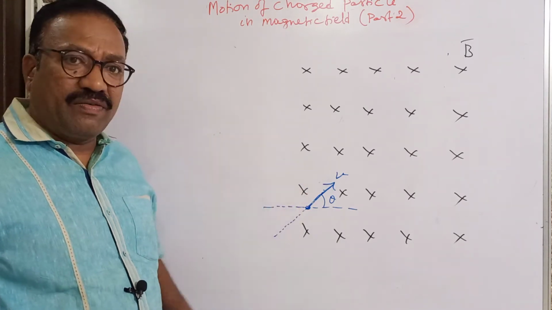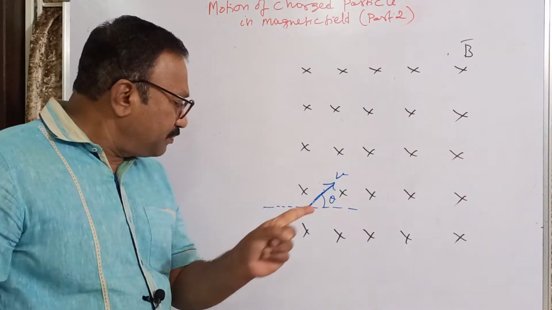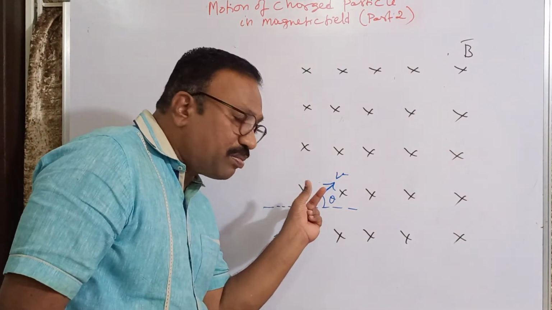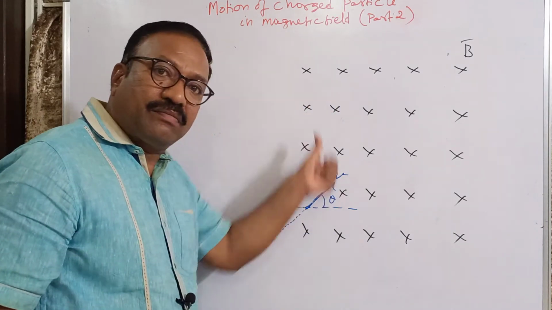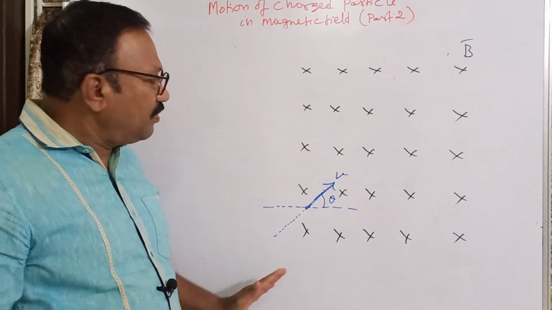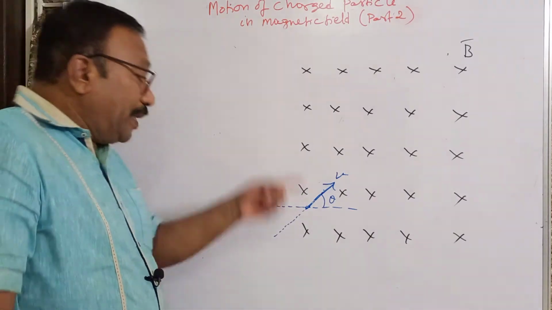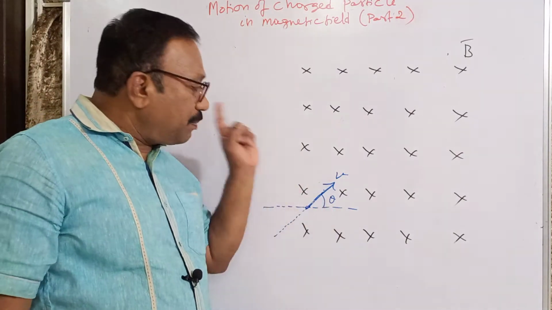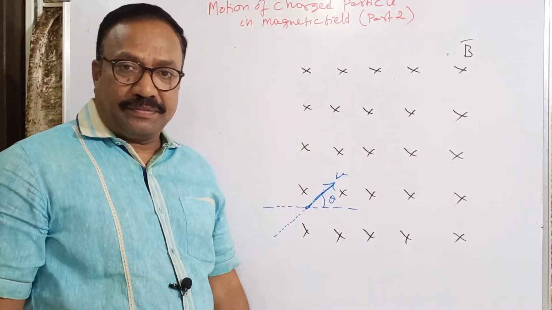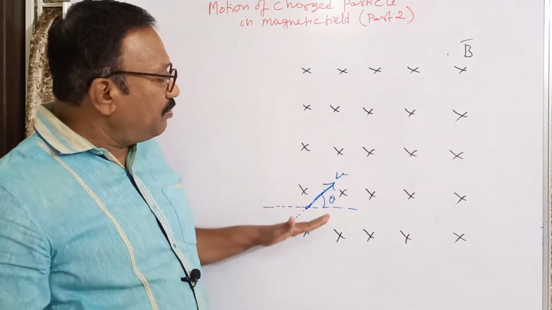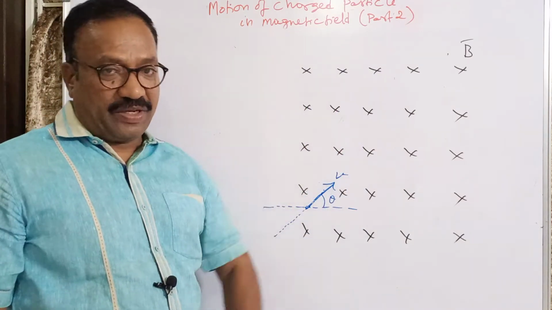In which direction will it go? Fleming's left hand rule. This is the magnetic field, this is the velocity, so the particle has to deflect this way. It will deflect like this. It enters perpendicular to the magnetic field and makes a circular motion, moving in this way according to Fleming's left hand rule.